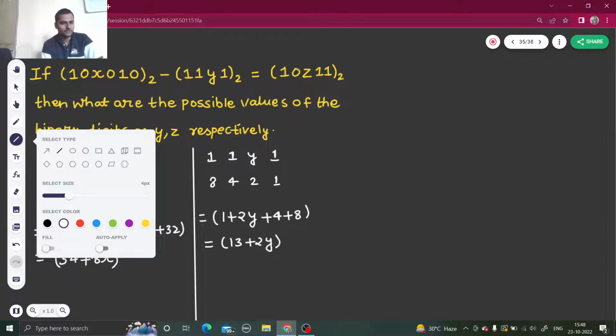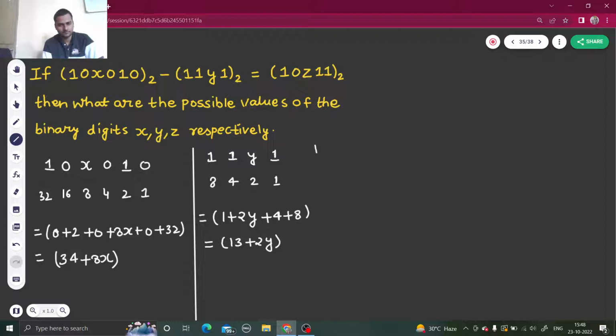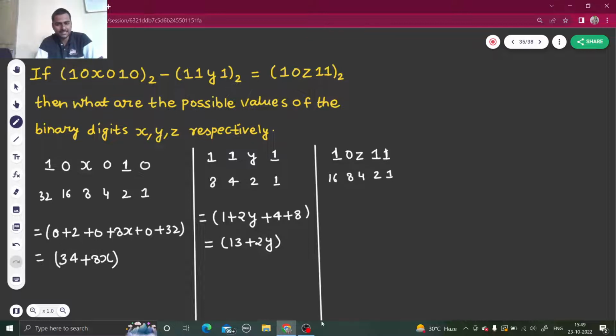Coming to the third one, so you have 1 0 z 1 1. So again multiply this by 1, 2, 4, 8 and then 16.